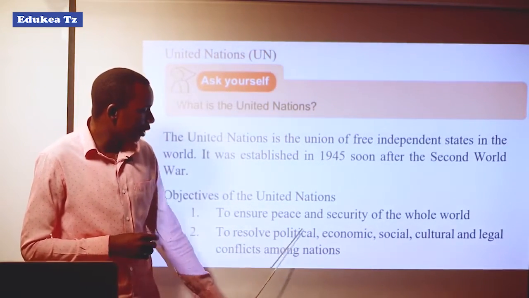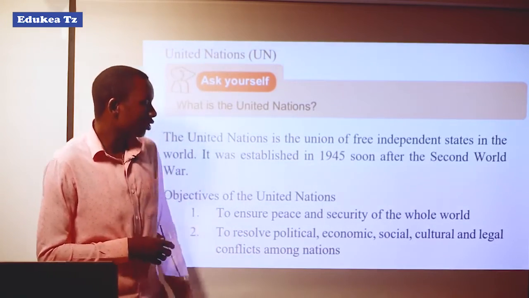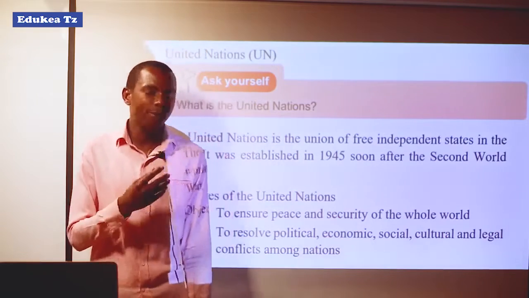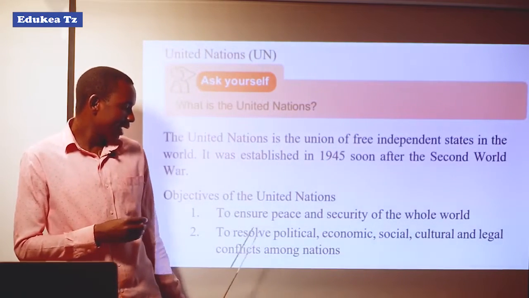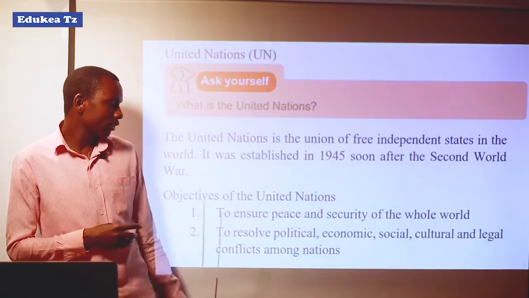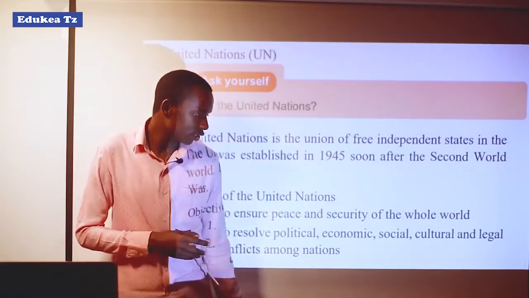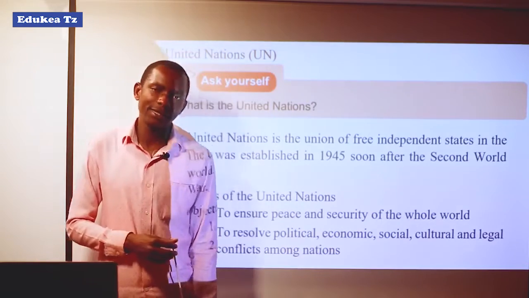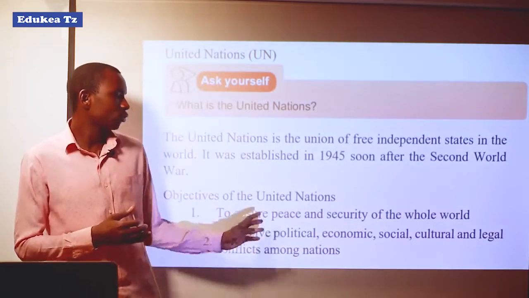Also, to resolve political, economic, social, cultural, and legal conflicts among nations. So if any member state faces a challenge concerning political, economic, social, or cultural issues, the United Nations stands there to solve it.